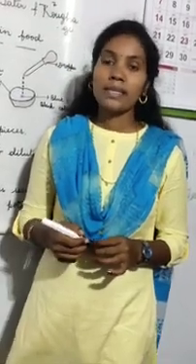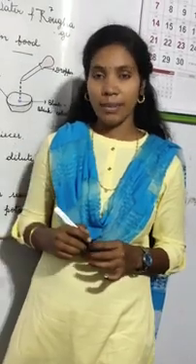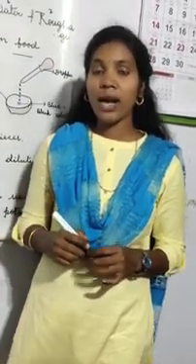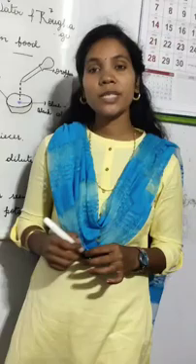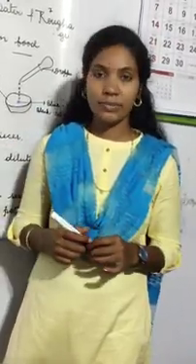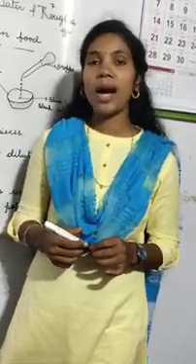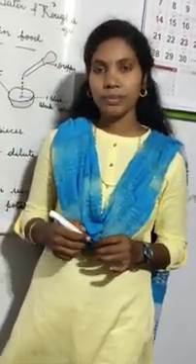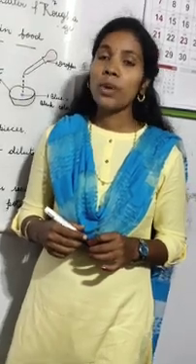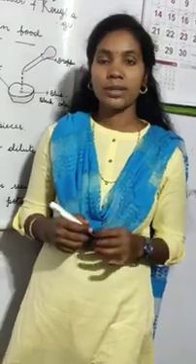We know that different food items contain different nutrients. To identify the major nutrients present in the food, we need to conduct certain tests. So here we are to test the presence of carbohydrates in food. The most important carbohydrate that we eat is starch.